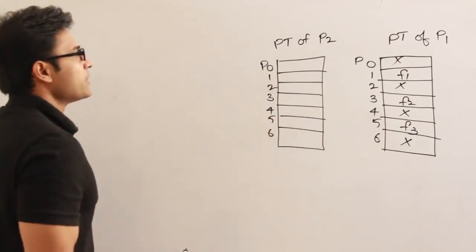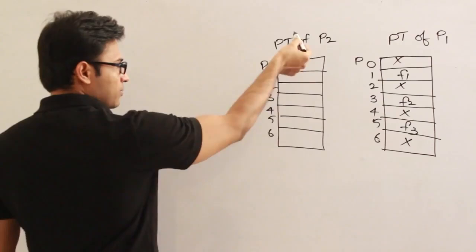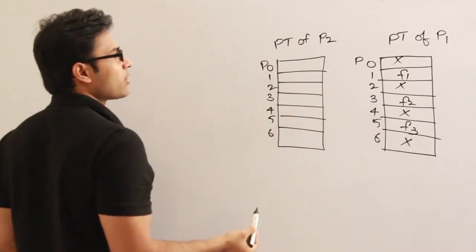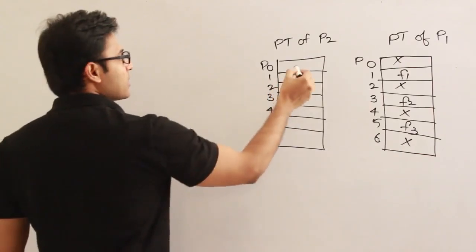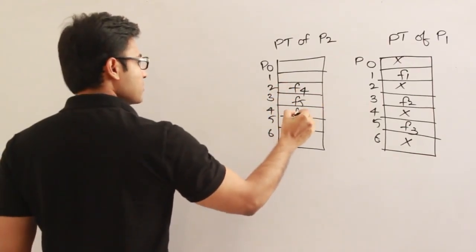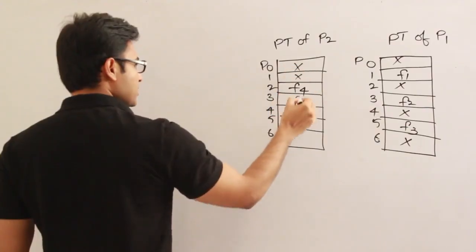And now the pages of process P2 might occupy some other frames. Let us say this is present in frame 4, and this is present in frame 5, and this is present in frame 6, and all the others are not present.